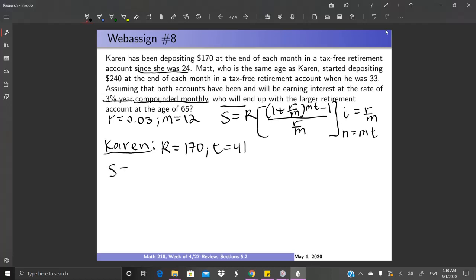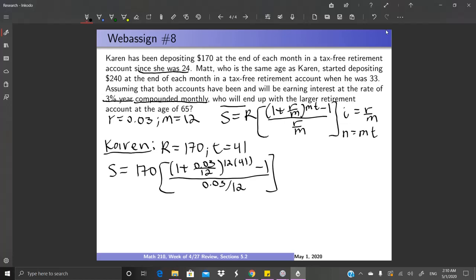We can say S is equal to 170 times 1 plus 0.03 divided by 12, to the power of 12 times 41, minus 1, and then divide it all by 0.03 divided by 12.